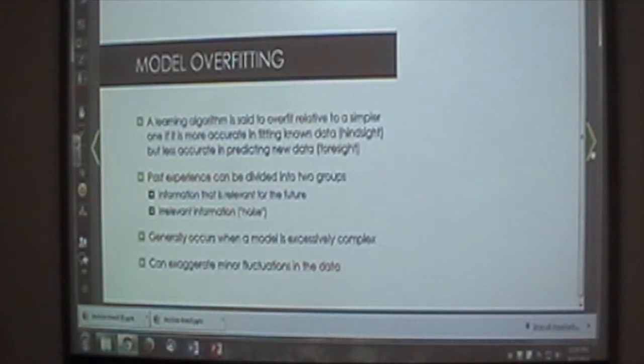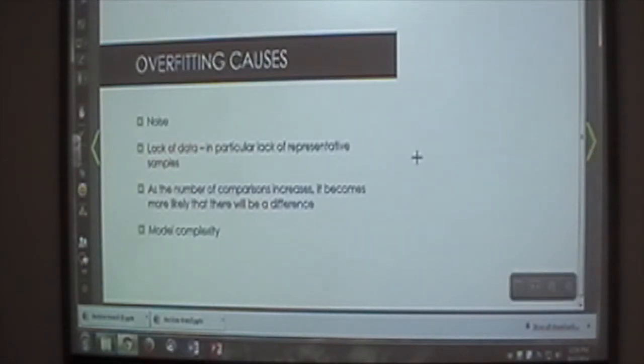So let's take a look at that. What are some causes of overfitting? Noise, noisy data. Lack of data. If you only have 2 data points to determine what the weather's going to be like tomorrow, then you really can't generalize from the current conditions.